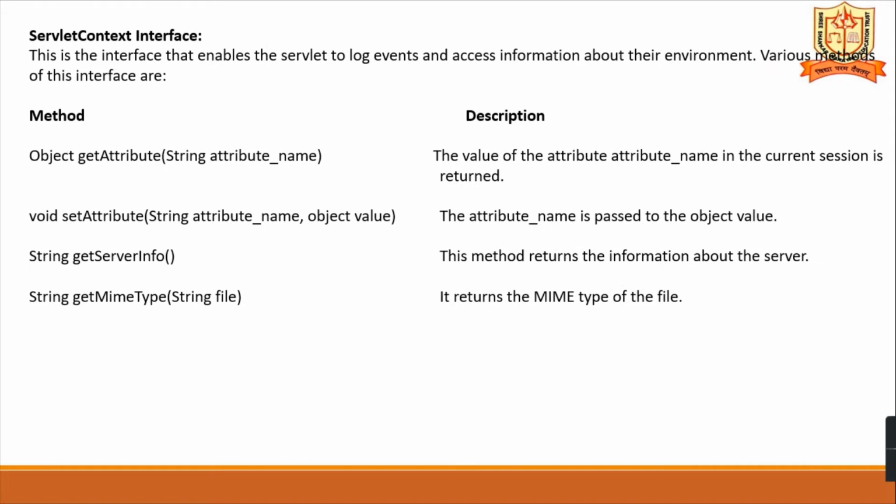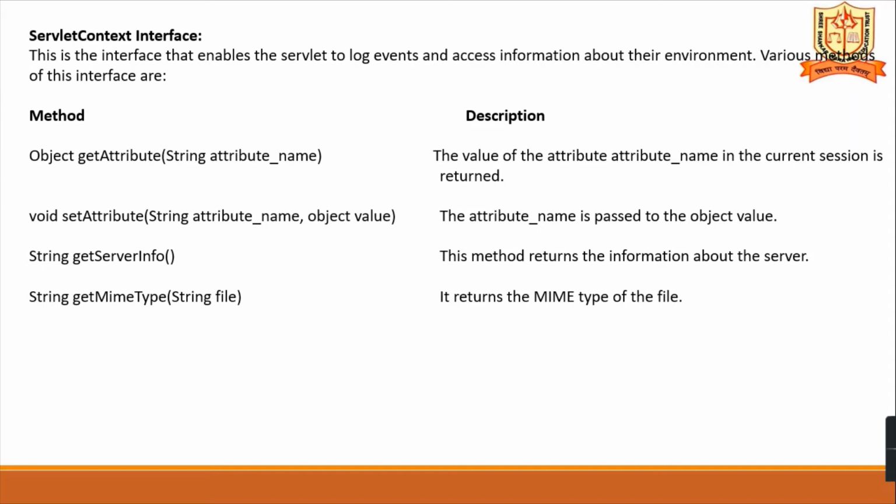And the ServletContext interface. This interface enables the servlets to log events and access information about their environment. Various methods in this are Object getAttribute, that is String attributeName. The value of the attribute, or the attribute name in the current session, is retrieved.